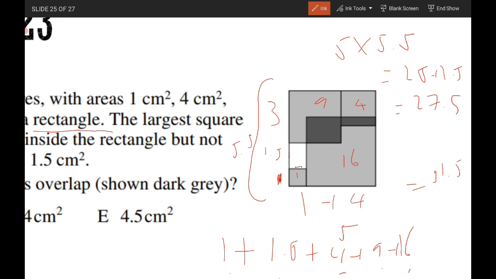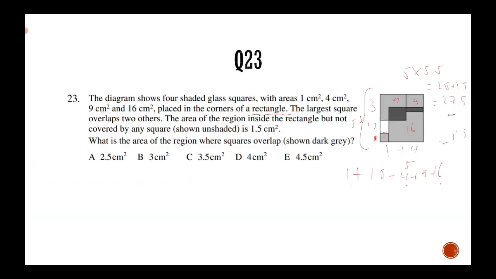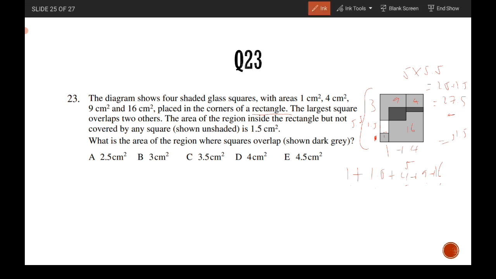And then it's quite simply any area that has overlapped must be the difference between these two, therefore the answer is 4. And that is answer choice D.